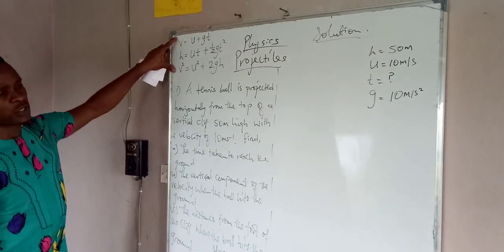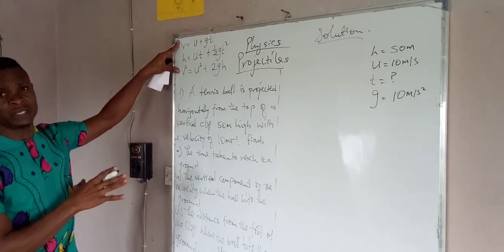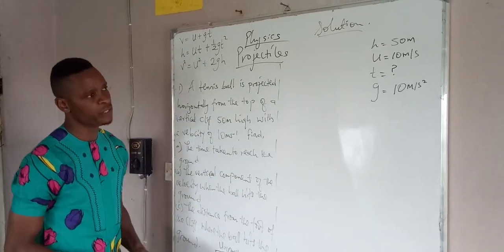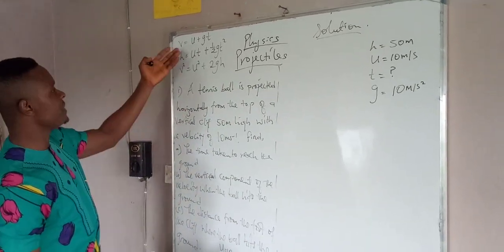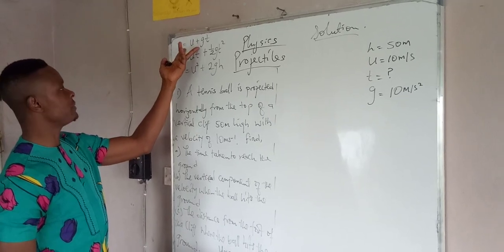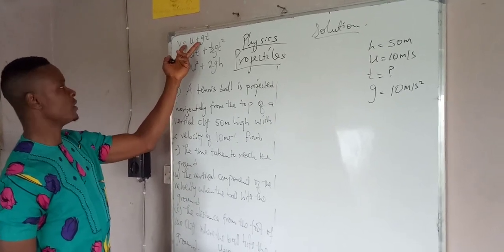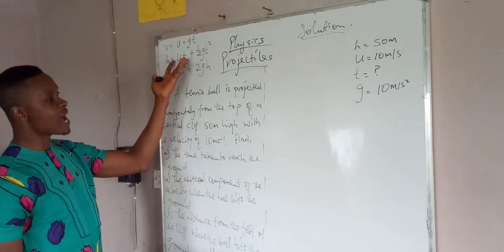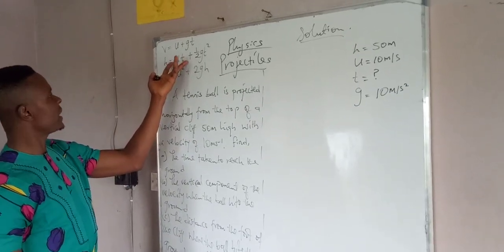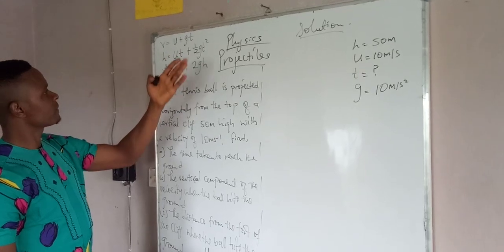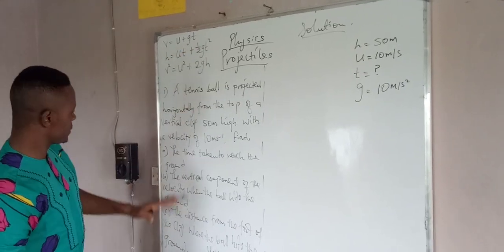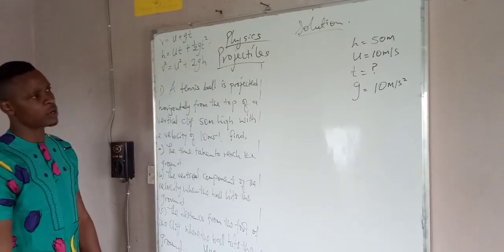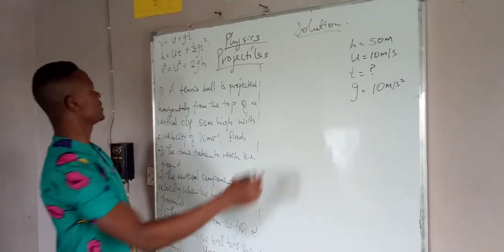These are the three equations of motion under gravity. Which one best suits this problem? The first one will not come in because it has no room for the height. The second one has it. It says the time taken to reach the ground, so the second one becomes very handy. That's the one we use.